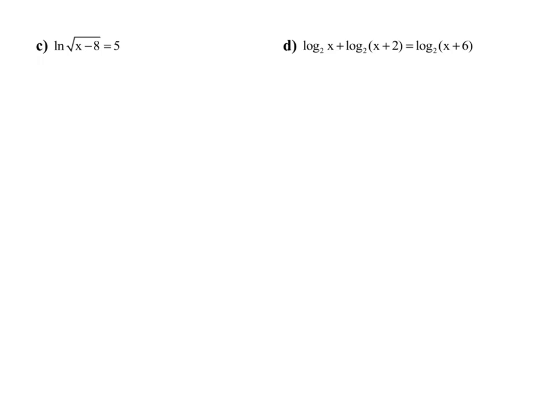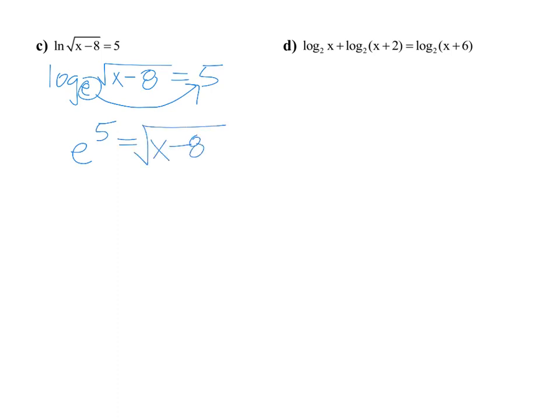Okay, I have a natural log here. I'm going to rewrite it as log base e. So then that's going to help me convert this to exponential form. Yep, that's what I'm going to do. So I have the base e for my exponent. That's equal to the square root of x minus 8.